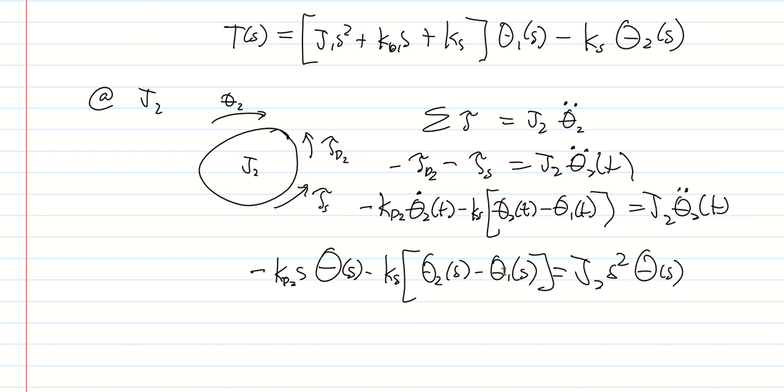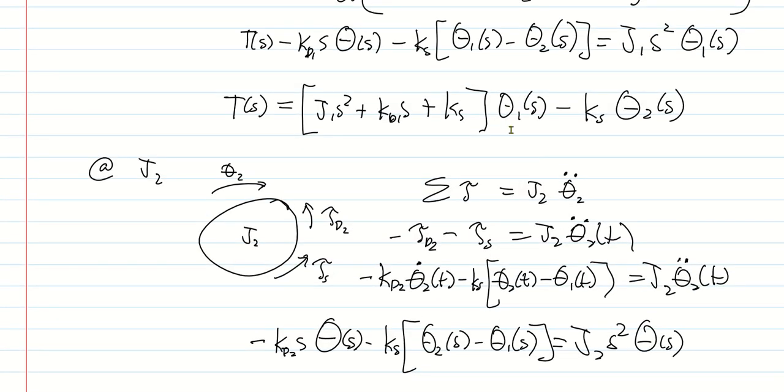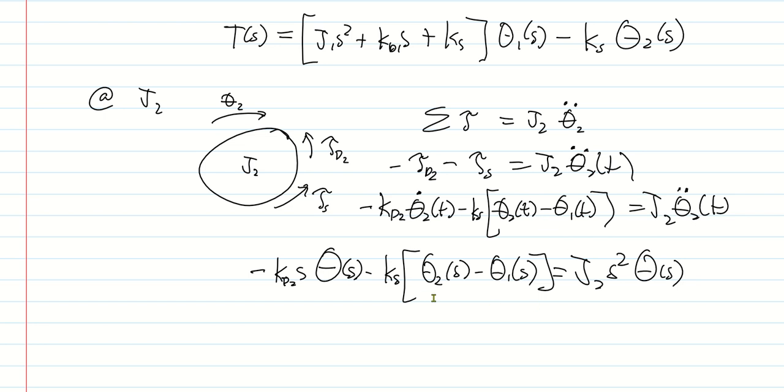And just like what we did here, we need to rearrange this and solve for theta 1. We need to remove that theta 1 in our equation. We need to make it just theta 2 and T of S, the output and the input. So we need to solve theta 1 from this equation. So where is our theta 1? This is our theta 1, and this should be theta 2.